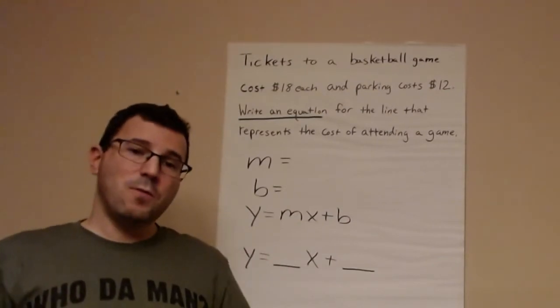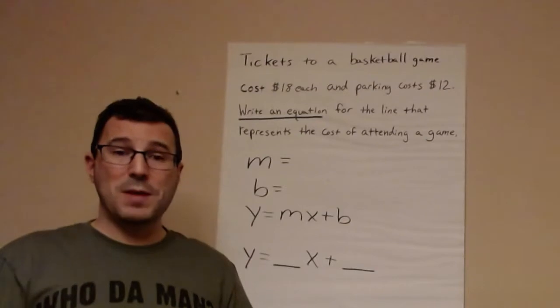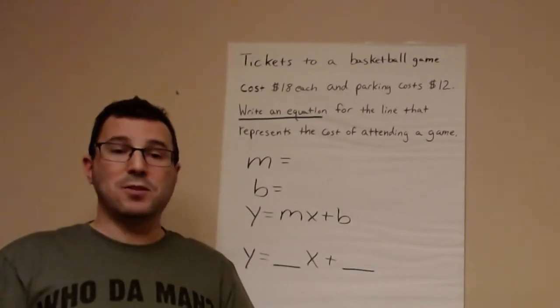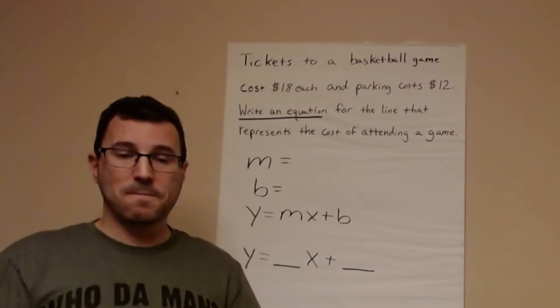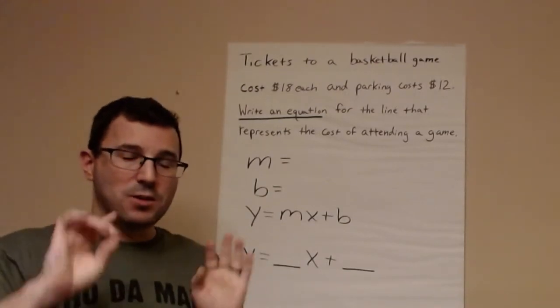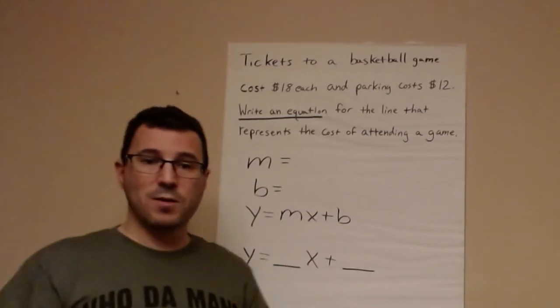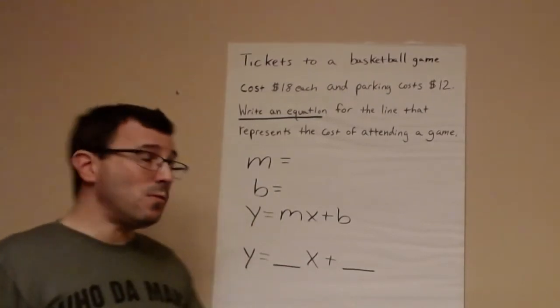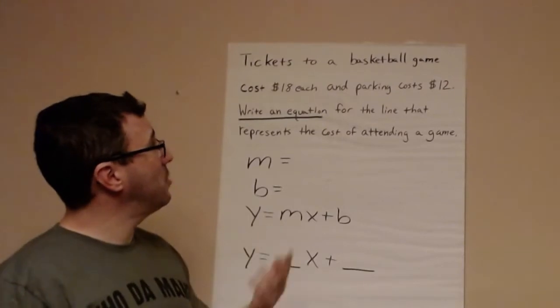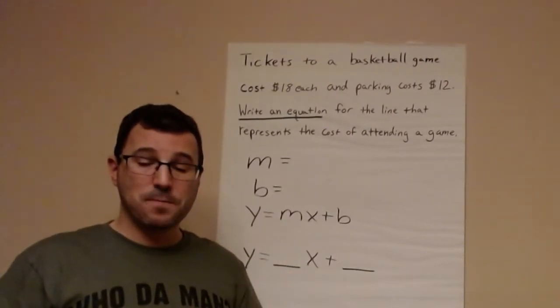The thing we want to remember is that a slope is something that's going to repeat. It's going to change based on having more things. Whereas the y-intercept, that happens once. It's only going to happen once, and usually it's going to happen in the beginning. So when I look at this, tickets to a basketball game cost $18 each.